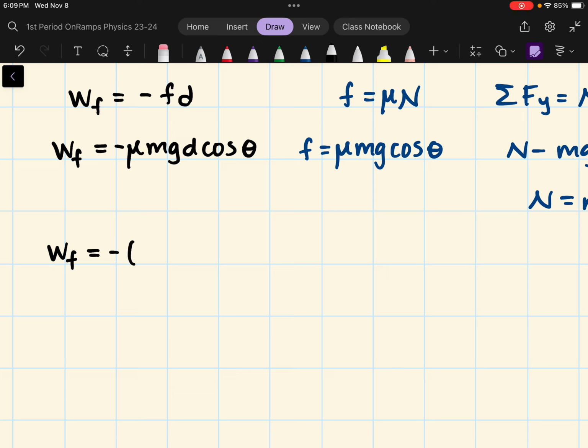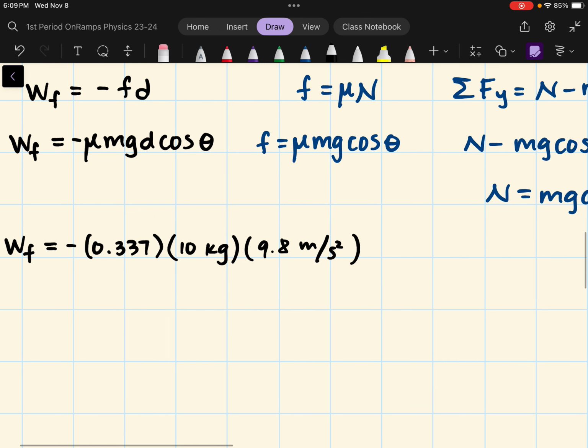So then I'll have negative 0.337 times the mass, that's 10 kilos, times 9.8 meters per second squared. Displacement, that was 7.06, times the cosine of 35 degrees.